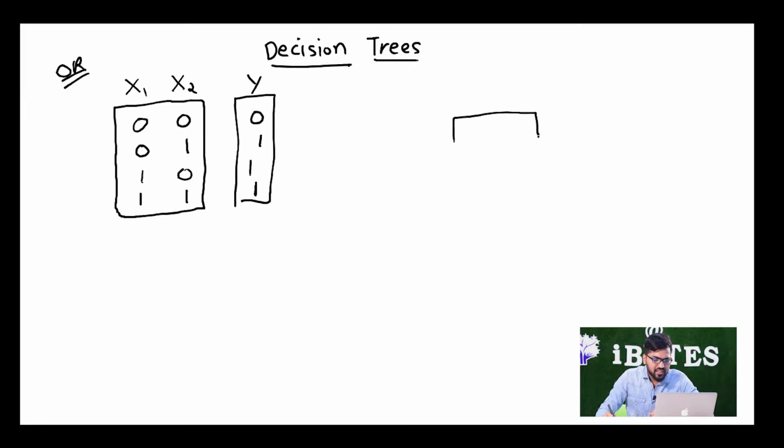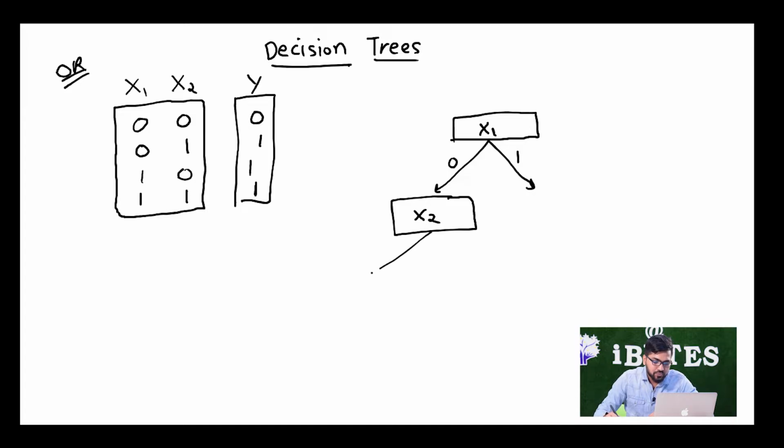So, basically I would make a diagram something similar to this. If I have x1, and x1 is 0 or x1 is equal to 1, then I would have to look at x2.